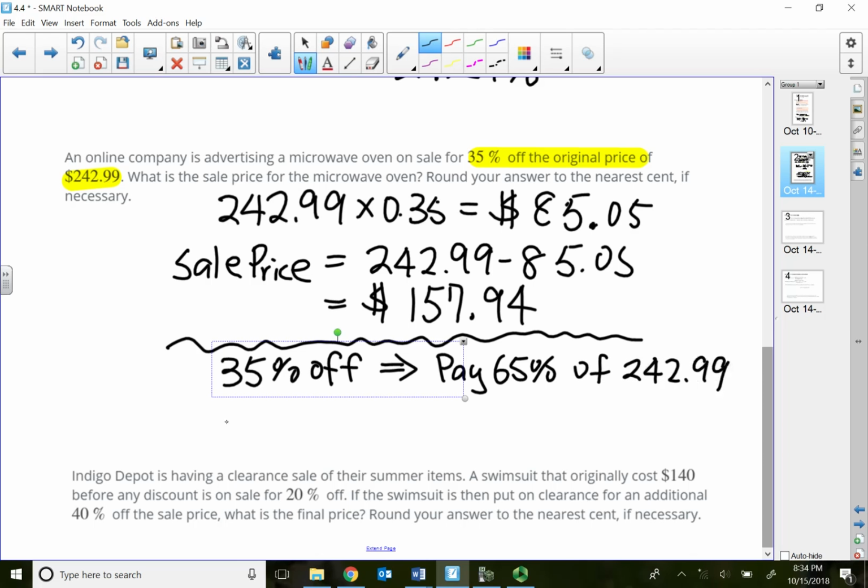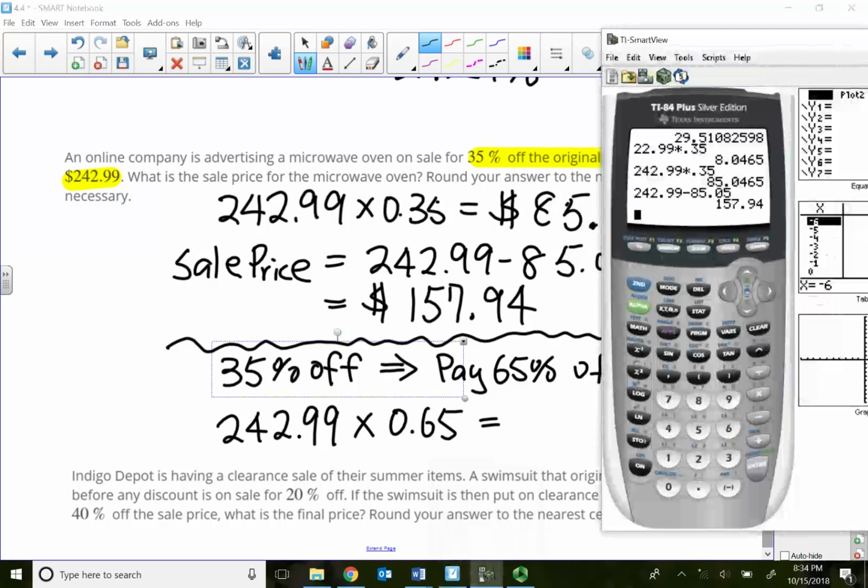So what I can do is take $242.99 times 0.65, 65%, because I'm going to pay 65%. That has to be my sale price, because the sale price here represents the price I'm going to pay before I have to pay tax.